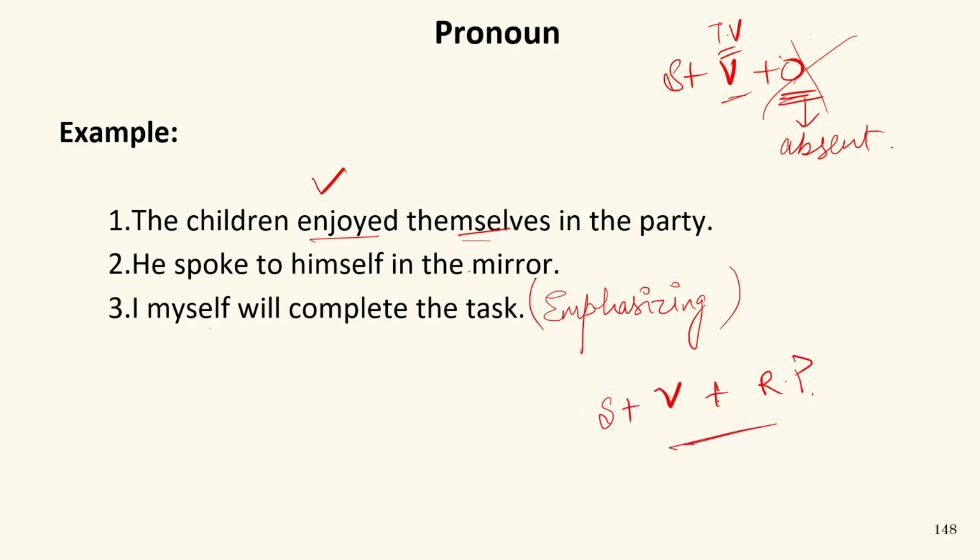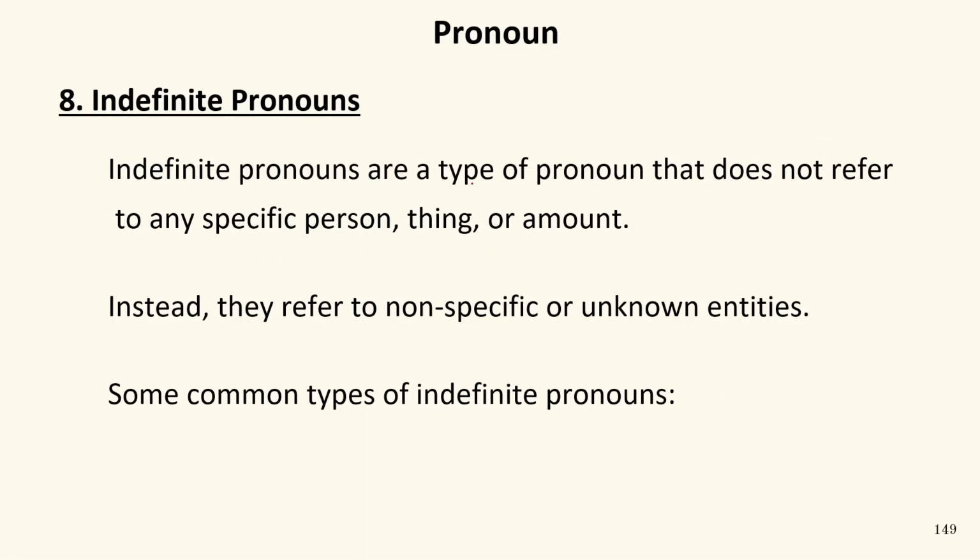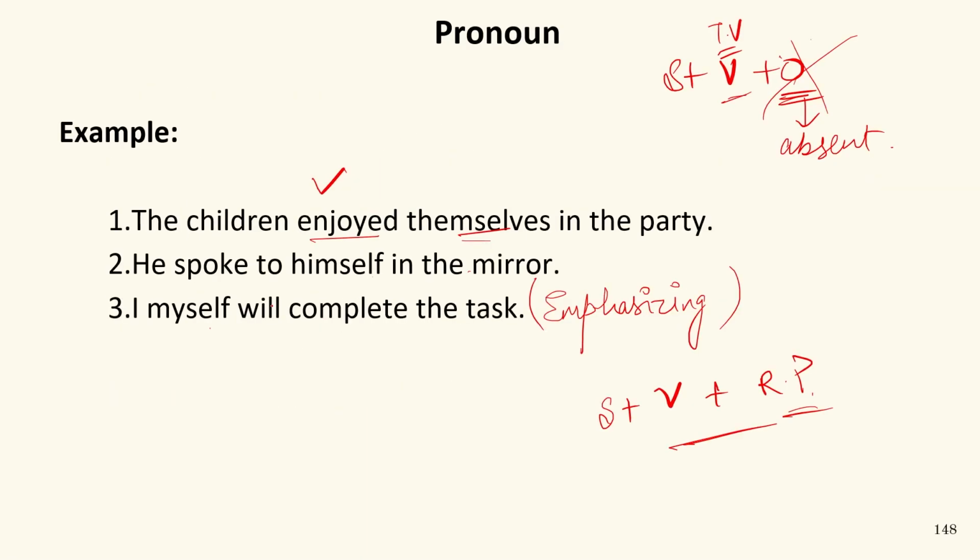If there is no need of an object, then the sentence will be complete. But if there is a need of an object and the object is not given, then we use reflexive pronouns. Now, there are several words in which we do not use reflexive pronoun.